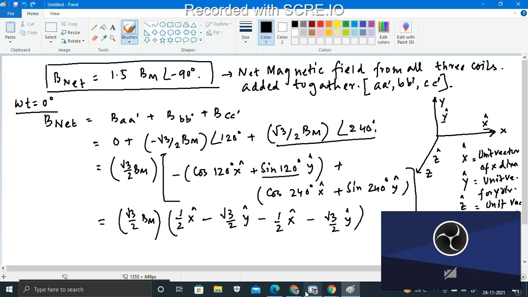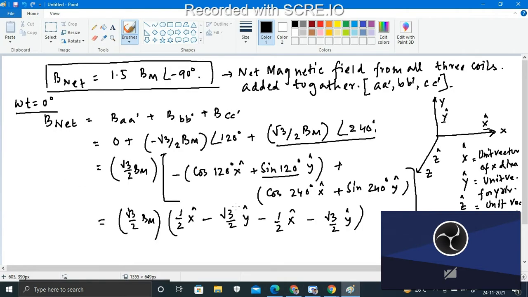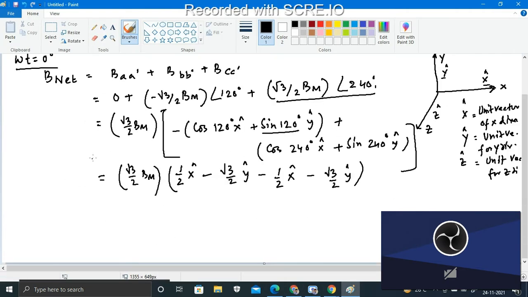One second, some call is coming. Okay, so we are putting the values. Again we have to write like this: root 3 by 2 Bm.